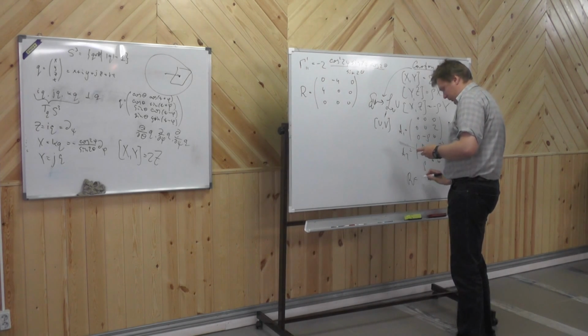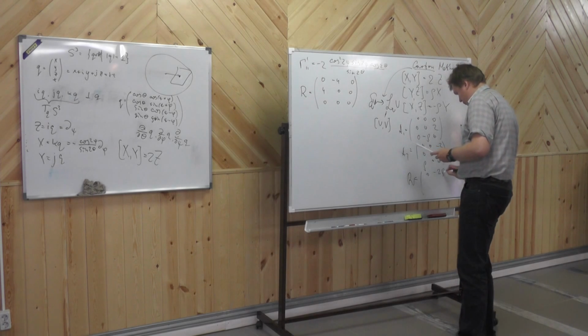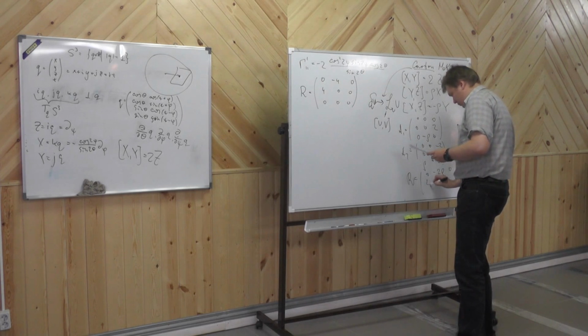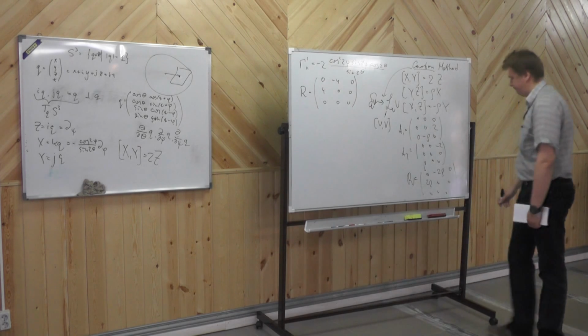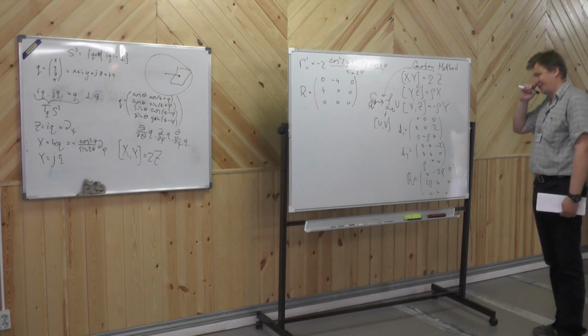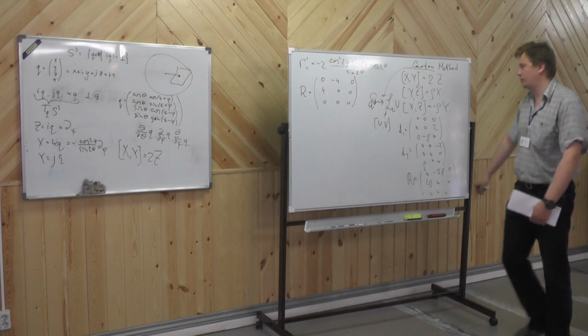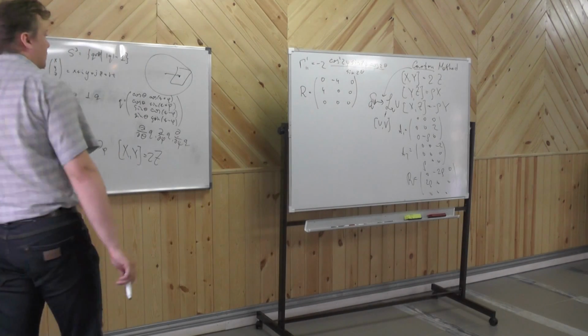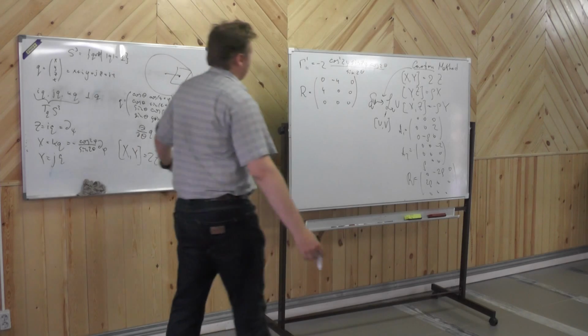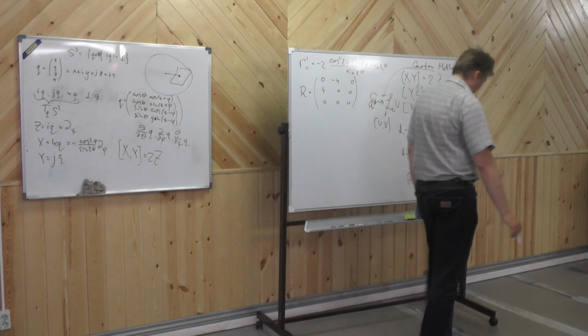And R will be 0 minus rho to rho u. So, well, this calculation, I don't know, probably it was done somewhere else, but maybe not from this point of view.